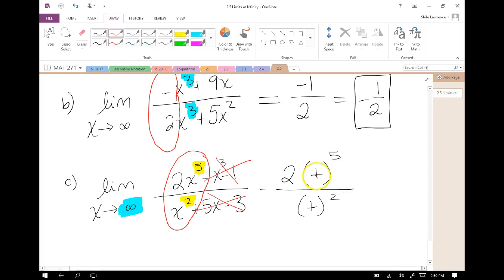So a positive number to a 5th power is still positive, and then times 2 is still positive. So the overall result in our numerator is going to be positive. And then in the denominator, if you square a positive number, you get positive. And when you divide a positive number by a positive number, you get positive. So this is positive infinity.